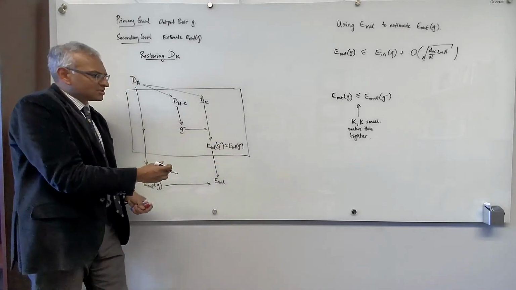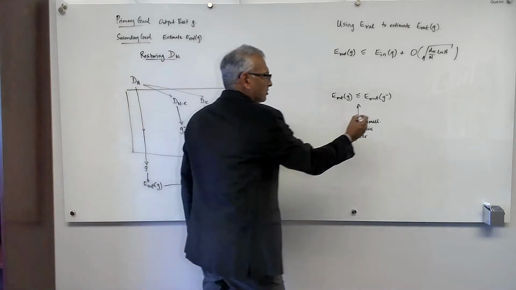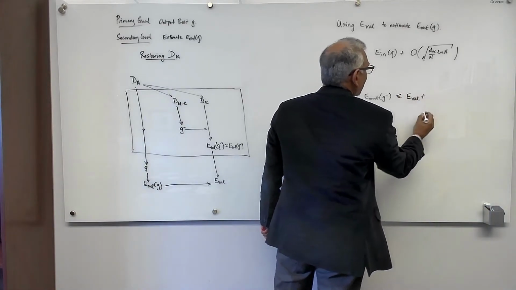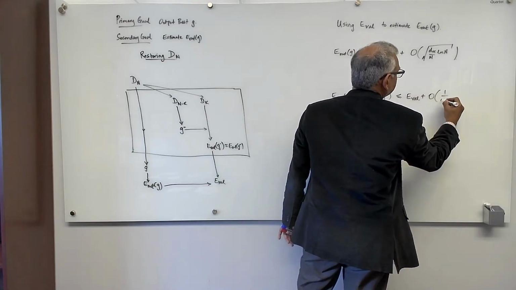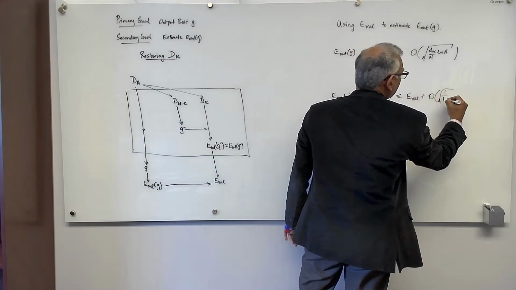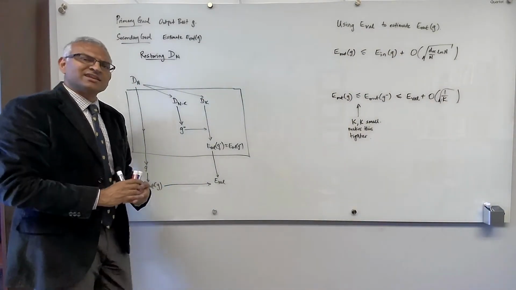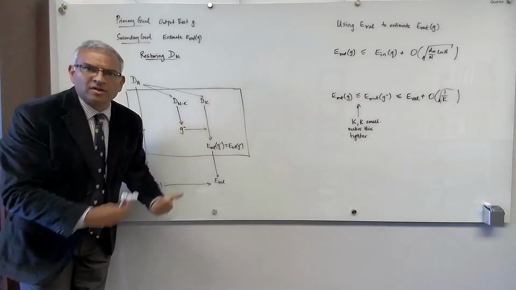We're in a verification setting where the validation error is attempting to verify G minus. So this guy is going to be less than or equal to E val plus order of 1 over root k, or square root of 1 over k. And that's the single hypothesis Hoeffding error bar with a data set of size k used to verify.